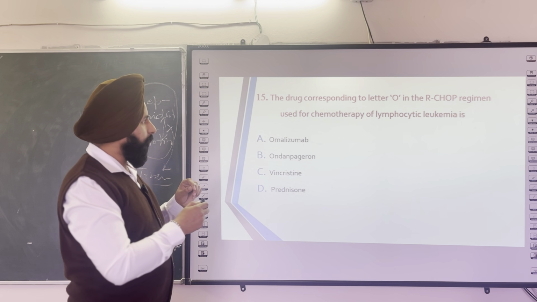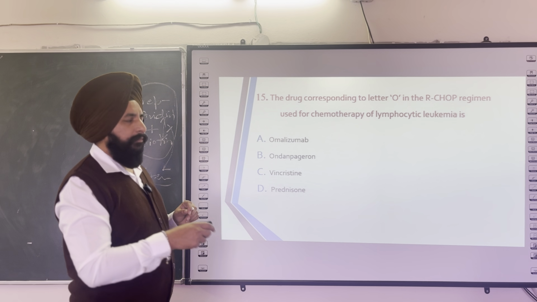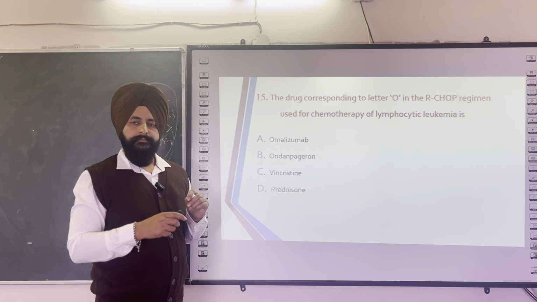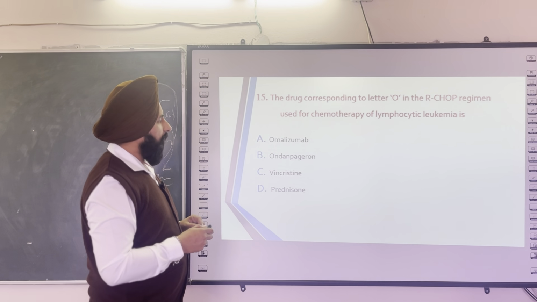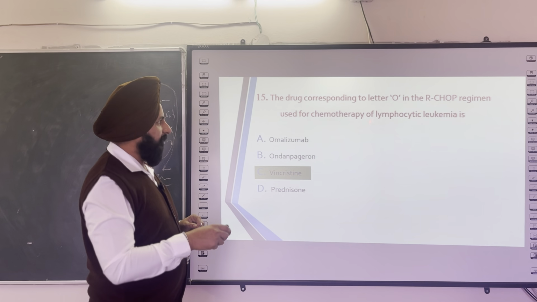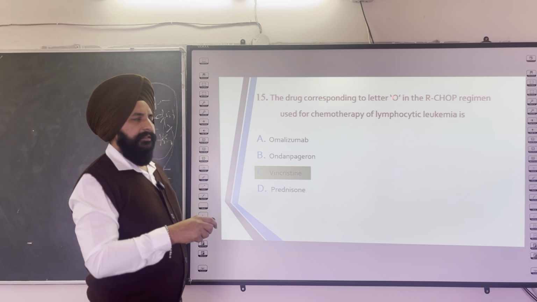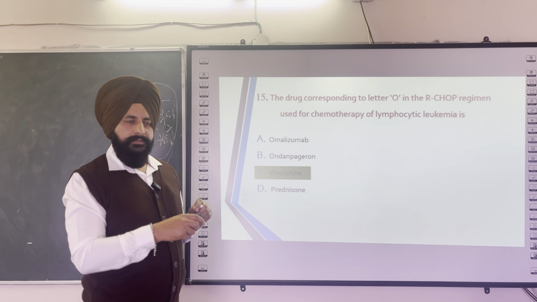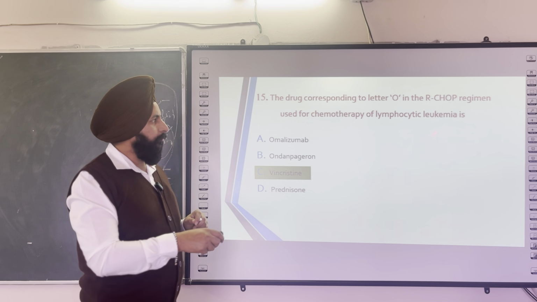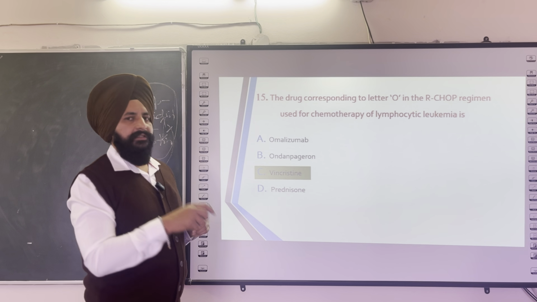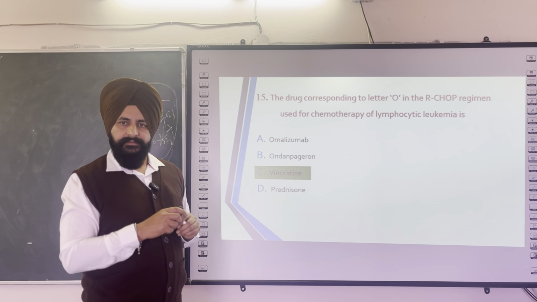So you can choose this O, Oncovin, which is the O letter used. The correct answer for this question is vincristine. So Oncovin, that is the O letter used in the brand name of vincristine, and vincristine is used for the treatment of lymphocytic leukemia, a type of cancer.